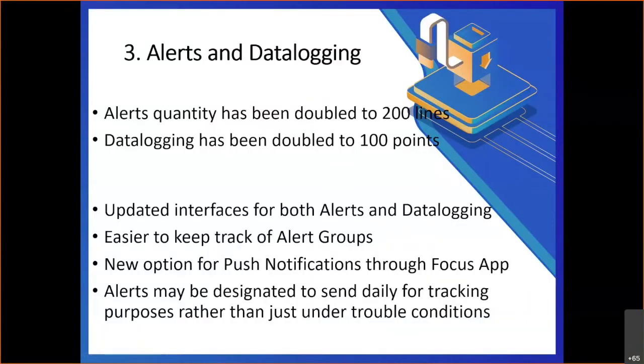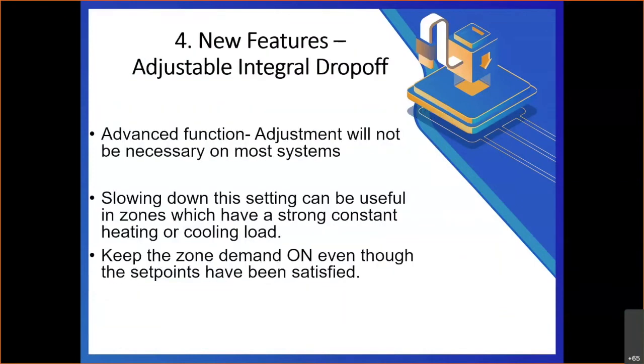This next one is more of an advanced feature. Many of you will not ever touch this, but there are a few of you that are going to get excited about having this available. So we have an adjustable integral drop-off.